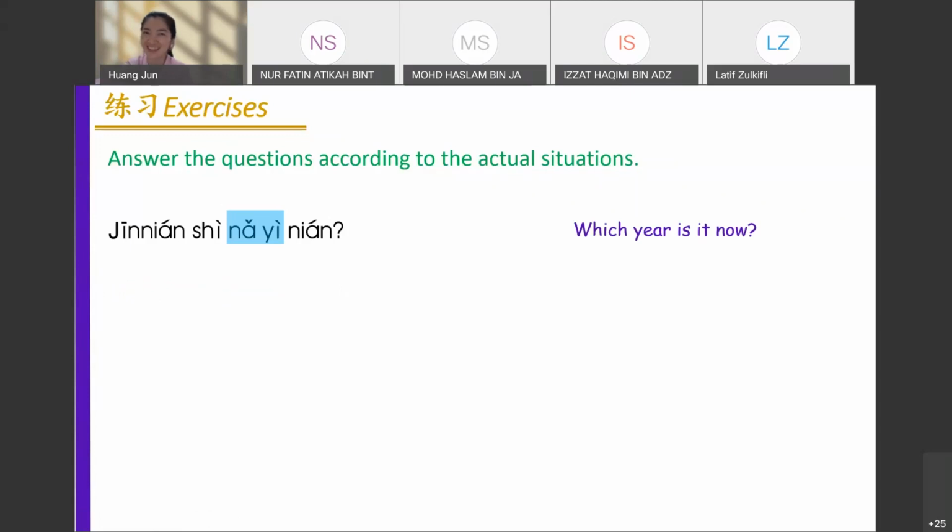Okay, very good. We already have the correct answer. So how about other people? Can you remember how to say the name of the year or not? We count the numbers one by one, right? So 今年是2020年. Very good. Then continue.